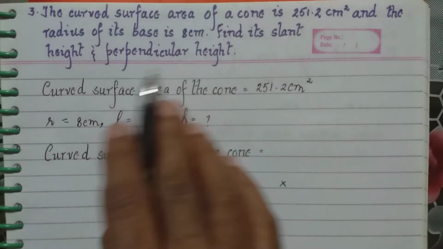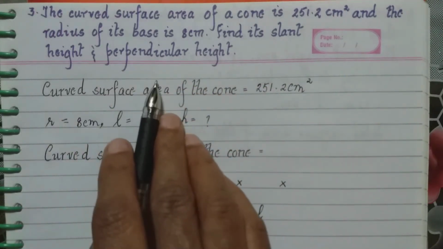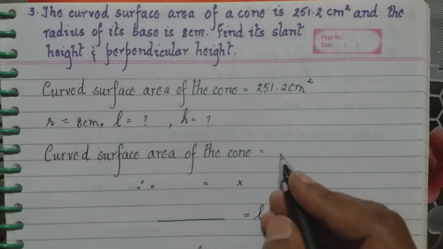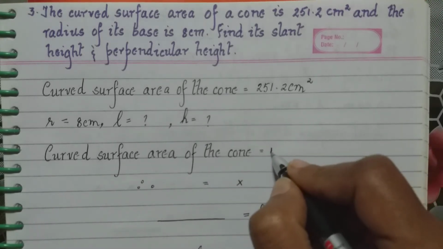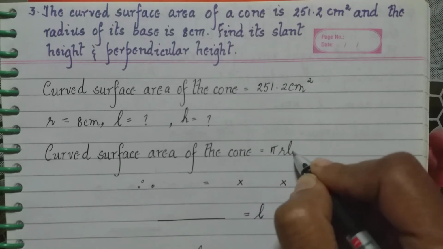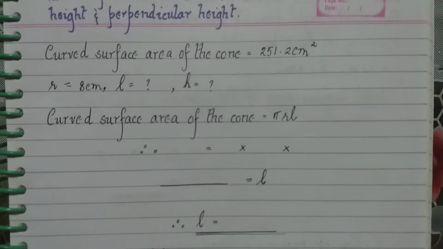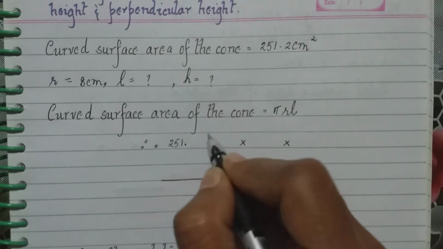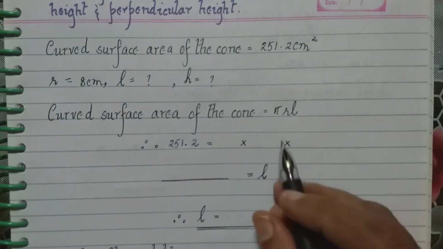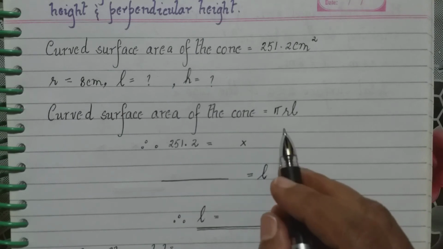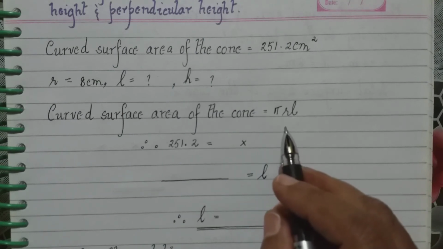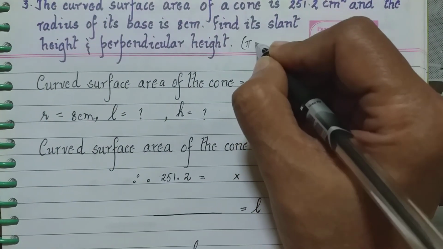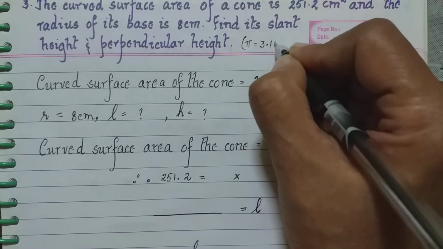Now what we'll do, first we'll use this curved surface area of the cone what they have given us and write the formula. Curved surface area of the cone is equal to, the formula was pi r L. Now what is the curved surface area given? 251.2. So we write here 251.2. What is pi? Pi here in this question was given as 3.14.